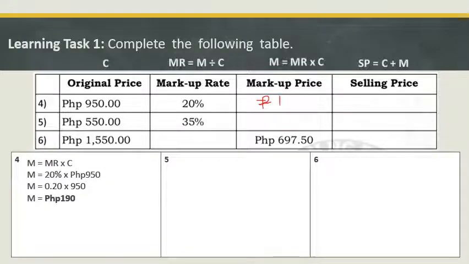So, 190 pesos ang nadagdag. Then, para makuha ang selling price, add lang natin yung markup natin sa cost. So, 950 plus 190, ang ating selling price is 1,140.